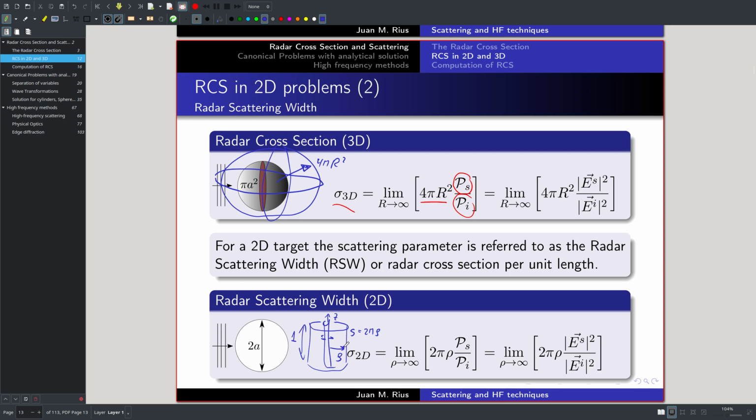But here, since the height is infinite, we compute everything per unit length. So we multiply by 1. So the surface is 2 pi rho.